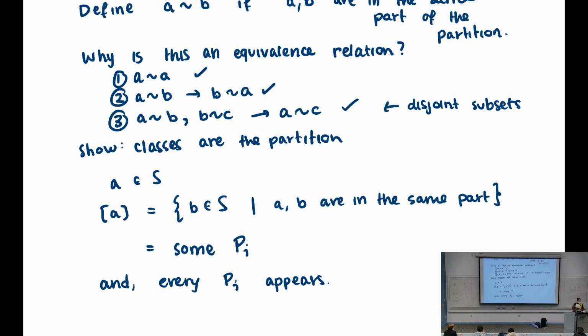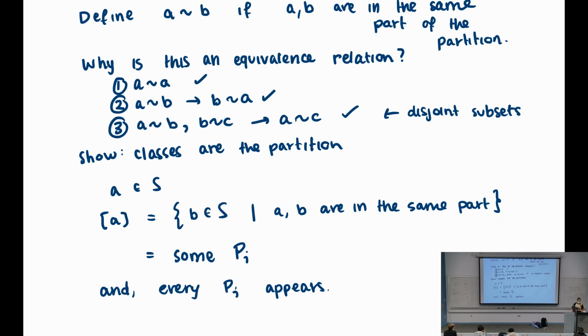Okay, so that concludes the proof of the theorem. Hopefully that helps you understand a little bit about what equivalence classes are, because now you have a way to picture what they're doing to a set.